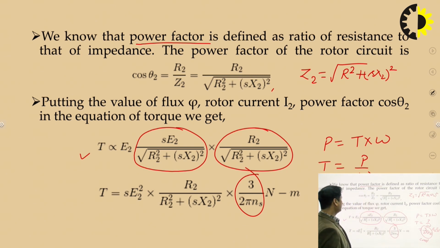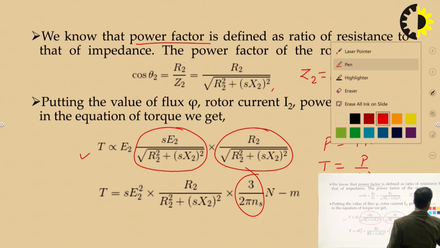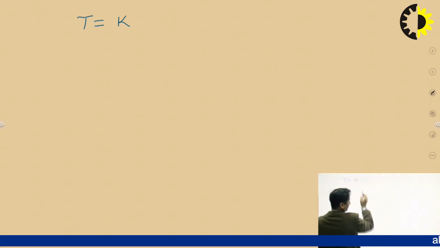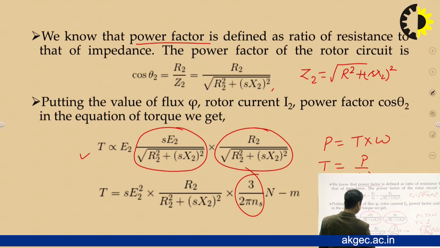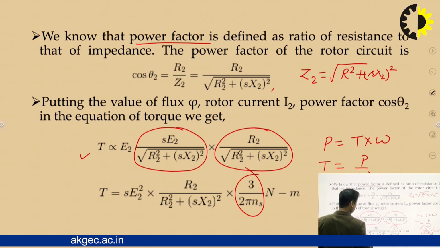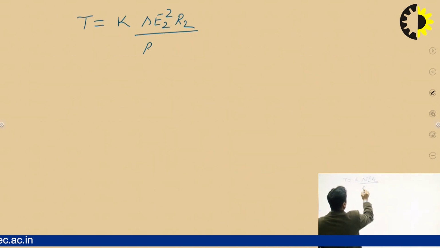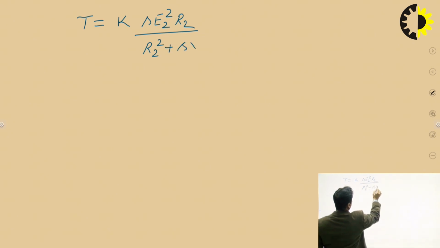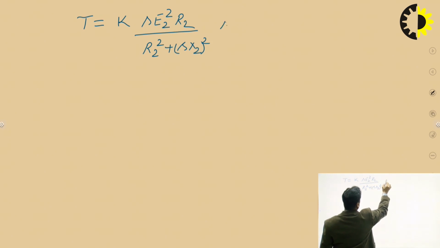So you can write the torque equation. The torque must be given by K, a constant term, K times S E2 square R2 upon R2 square plus S X2 square, in Newton meter.